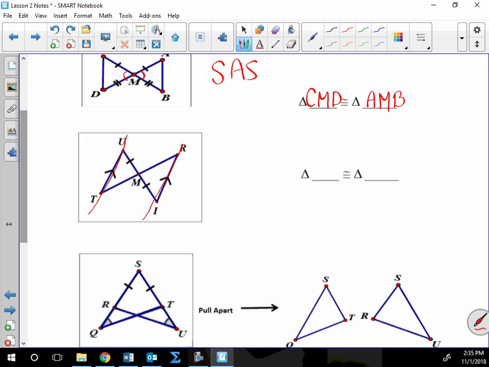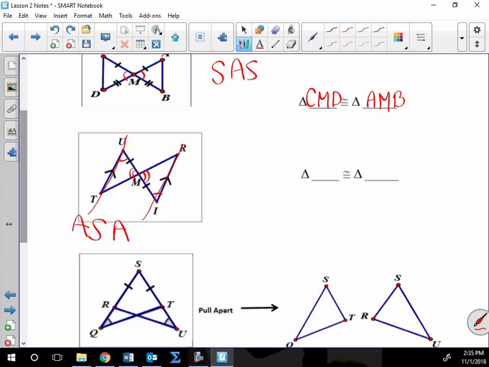Okay, so let's start with the parallel lines since that was the first thing we said. What angles can we say are congruent from our parallel lines? You and I. Alright. And then Tara said we also know vertical angles theorem. So what method can we use here? Angle, angle, side, angle.